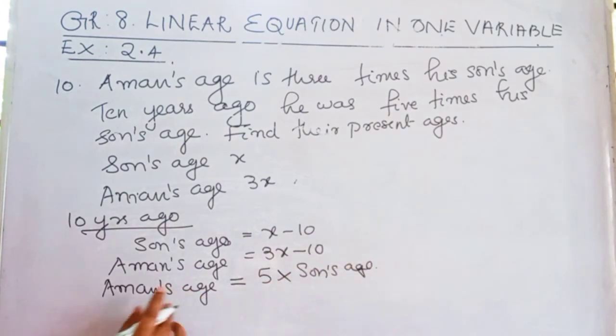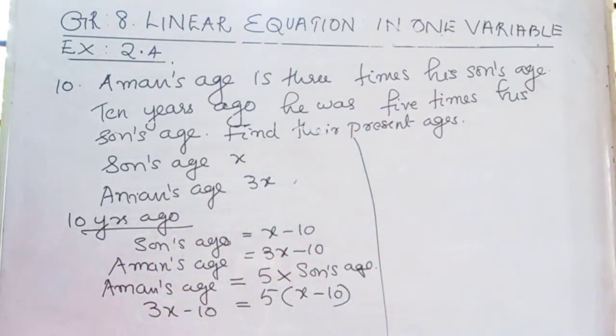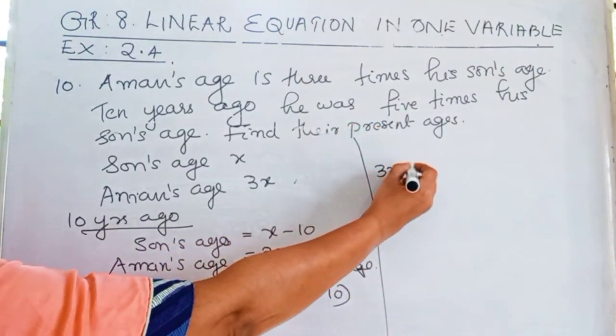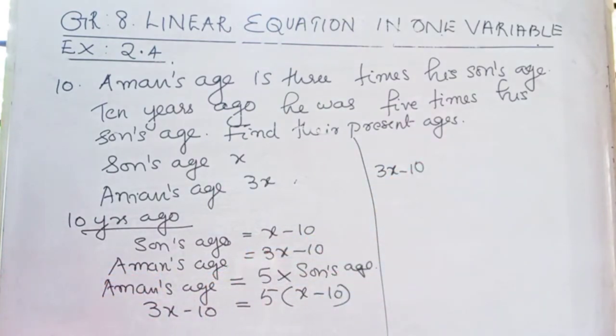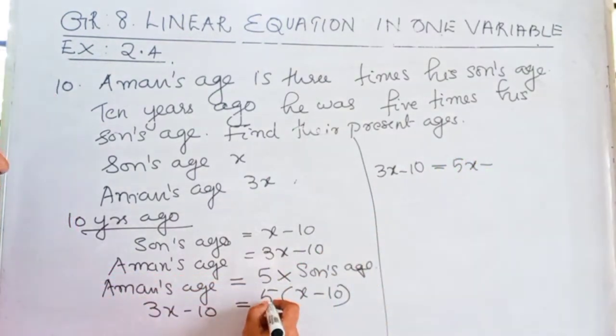So children, Aman's age, we know it is 3x minus 10 and 5 times son's age means 5 into x minus 10. Don't forget to put this bracket there. So we can open the bracket, which is 3x minus 10 is equal to, when you open the bracket, you need to apply distributive property. That means 5 into x, 5x minus 5 into 10, 50.